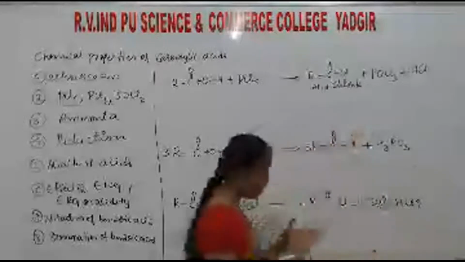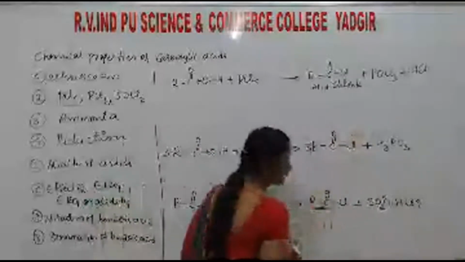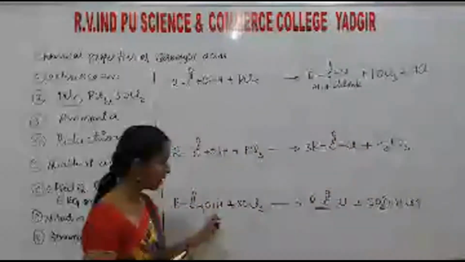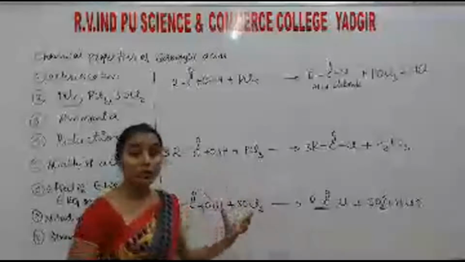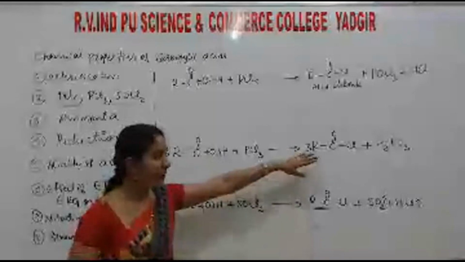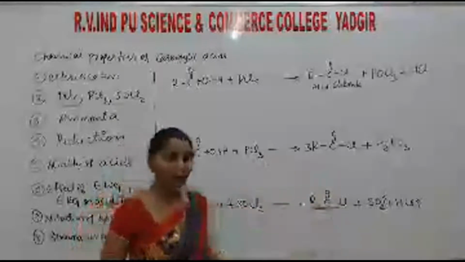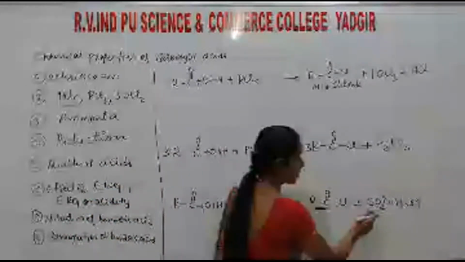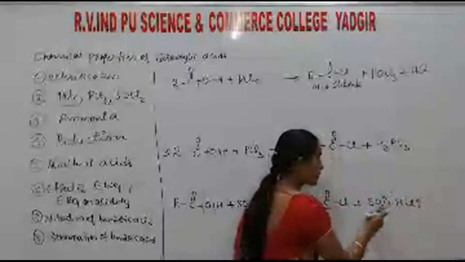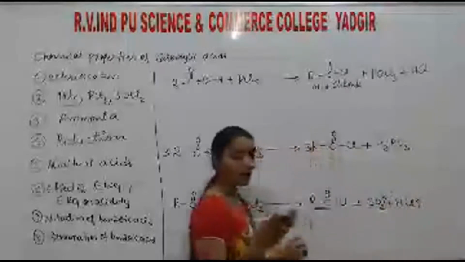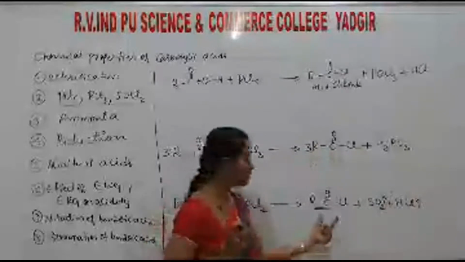So students, among these three, the better way for preparation of acid chloride is the third reaction, in which the product is somewhat pure. Here we will get a mixture of these two. Here we cannot get a mixture of these three because these two are gases. HCl is also a gas, SO2 is also a gas. When they are in the gaseous form, they easily escape. So the product remaining is only what?